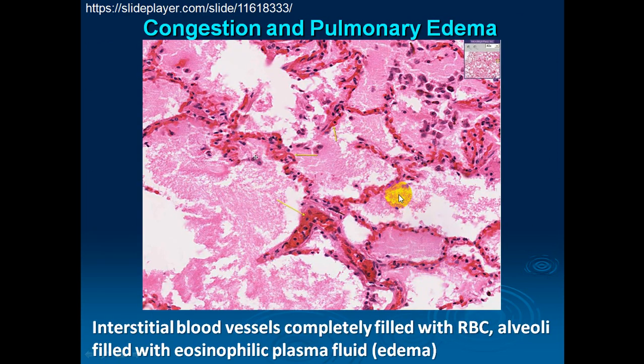So this is the histopathological appearance of congestion. You can see here the interstitial area of the lung occupied, in particular blood vessels, completely filled with erythrocytes. The red one here, this is erythrocytes, completely filling the blood vessels.